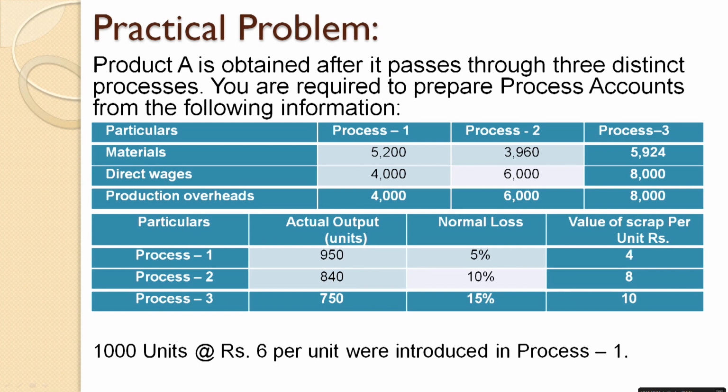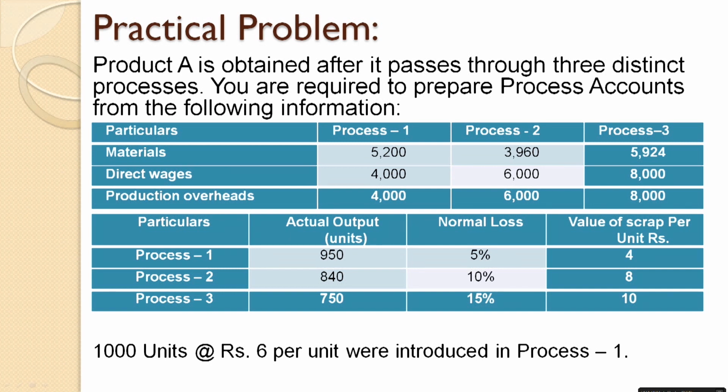Similarly, direct wages are 4,000, 6,000 and 8,000. If you compare material and direct wages across the processes, in the first process the material cost is higher and the wages cost is a little lower.